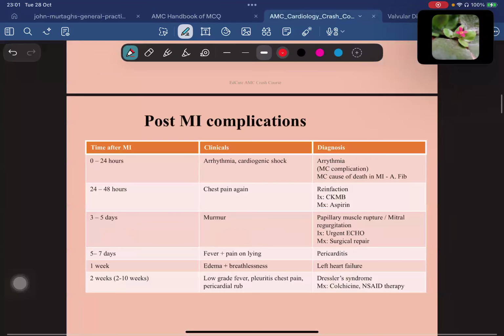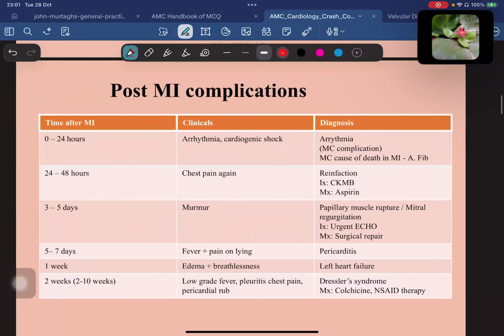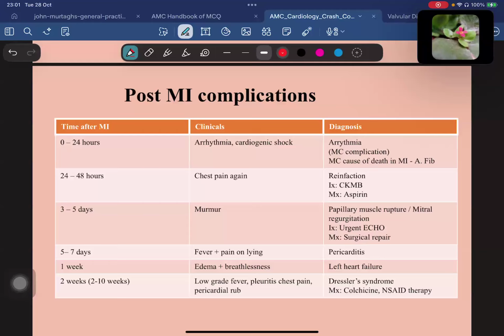So this is something that has been commonly asked throughout the years, these post-MI complications. You don't have to write paragraphs and paragraphs in your notes. Just try to keep them simple and short, maybe through tables like this or flow charts or whatever helps you.